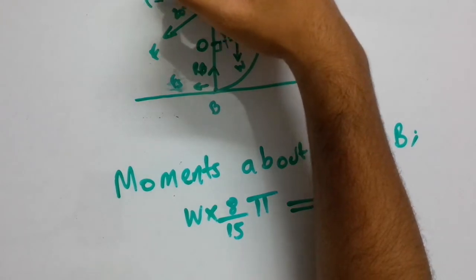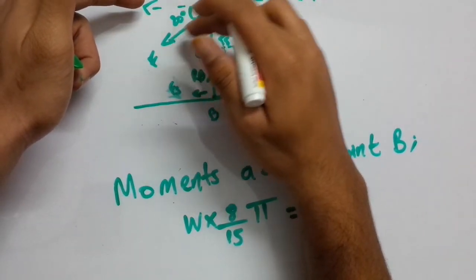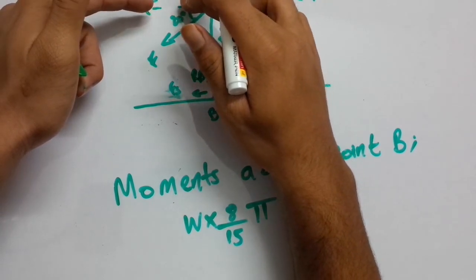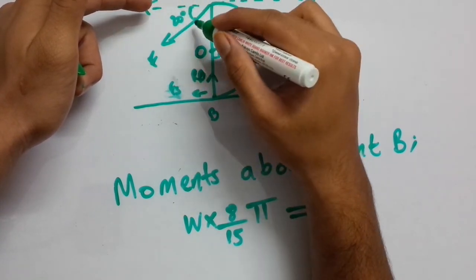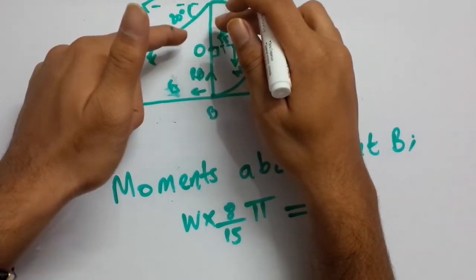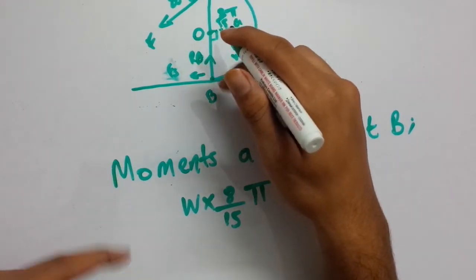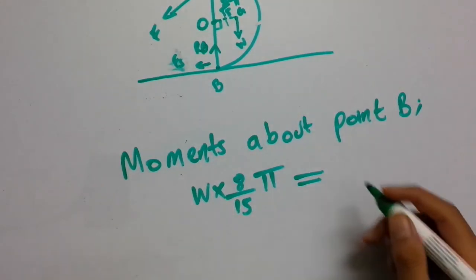We're taking it along this horizontal direction. There are actually two components for this force if you observe. There is one horizontal and a vertical component, which is F sine 20. But since that force is passing through the point B, that would be 0. So we're not going to write that.